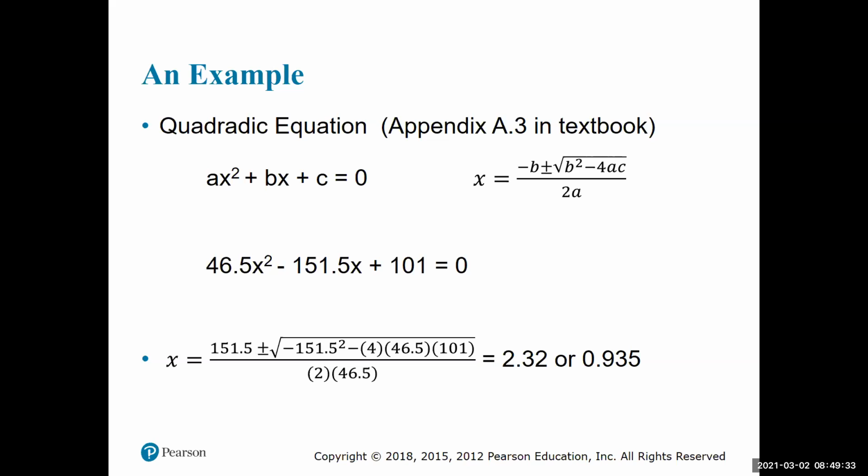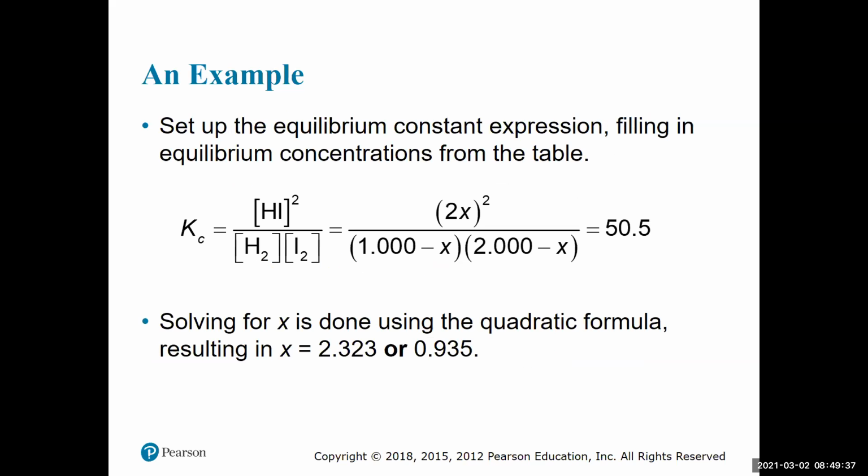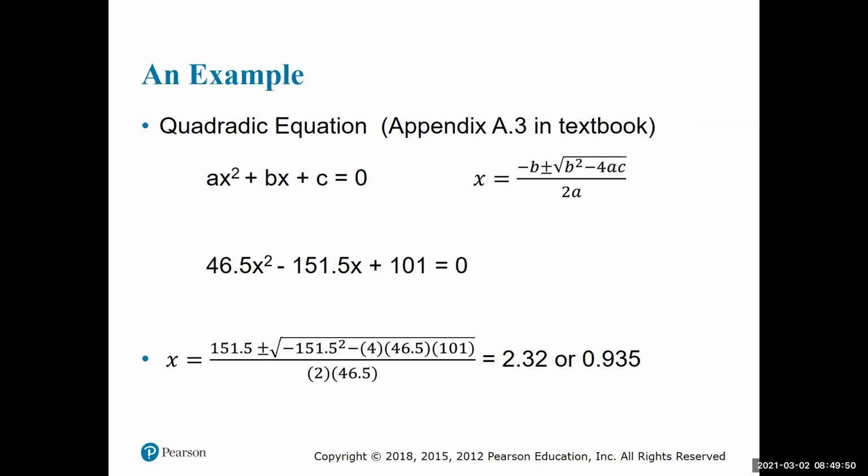And so on the problem that we're working right now, if you went ahead and did the math correctly on this 2x squared divided by 1 minus x times 2 minus x, then you would get this formula here, 46.5x squared minus 151.5x plus 101 equals 0.